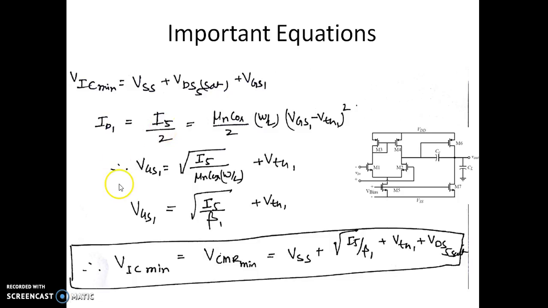VGS1 can be written as the square root of I5 by beta 1 plus threshold voltage 1. Ultimately, the common mode range minimum voltage VCMR minimum is VSS plus the square root of I5 by beta 1 plus VTH1 plus VDS5 saturation of the fifth MOSFET.